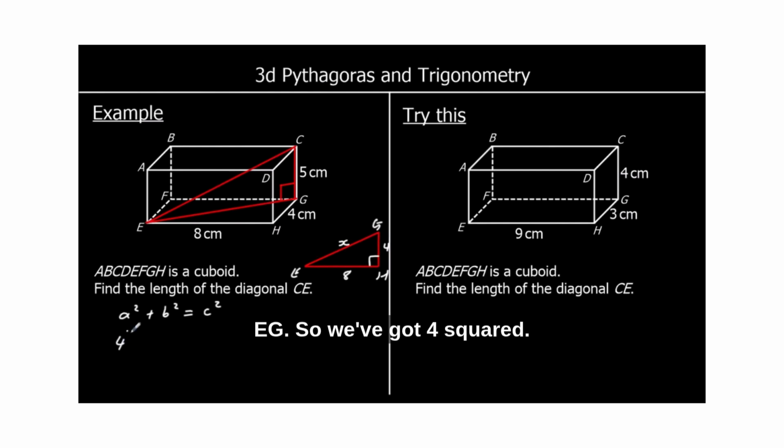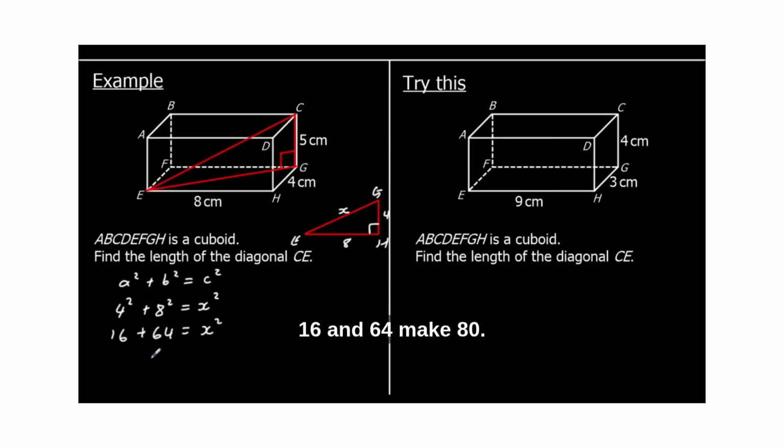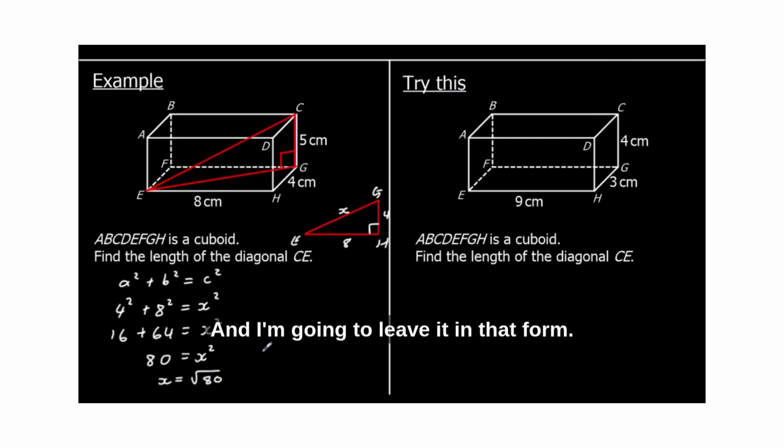So we've got 4 squared plus 8 squared equals x squared. 4 squared is 16. 8 squared is 64. And that's equal to x squared. 16 and 64 make 80. So we can say x is equal to the square root of 80. And I'm going to leave it in that form, as square root 80. So now we know what EG is.